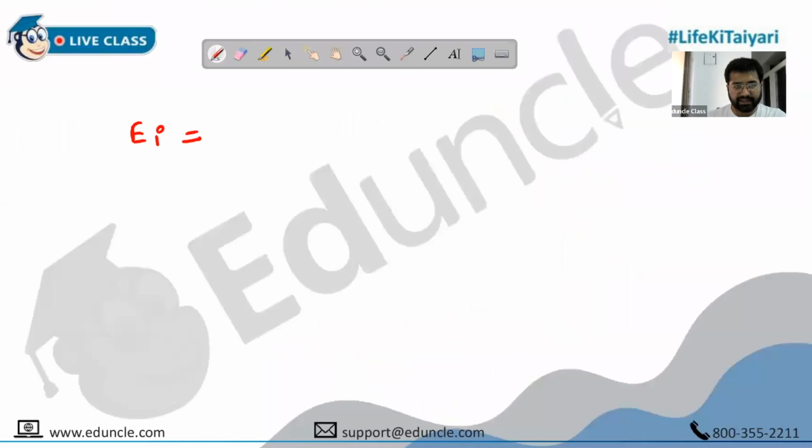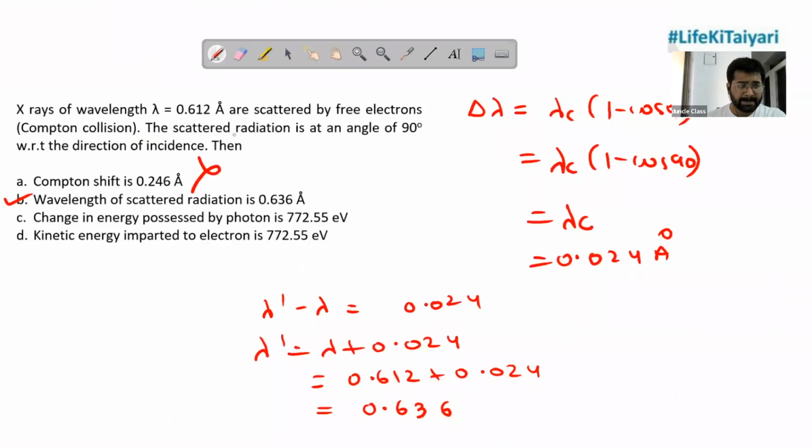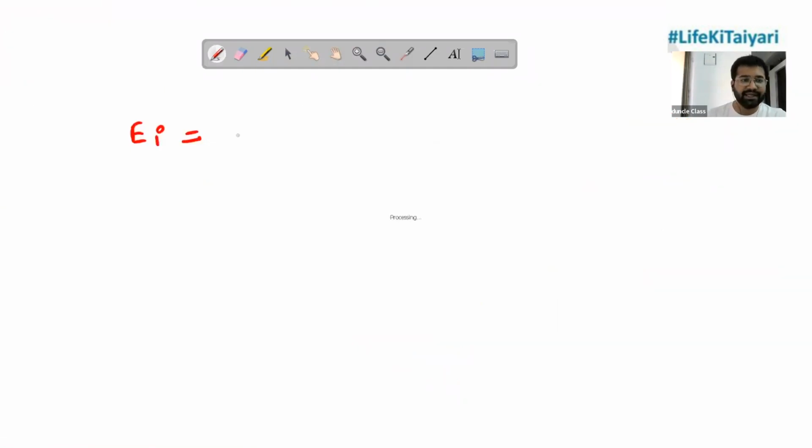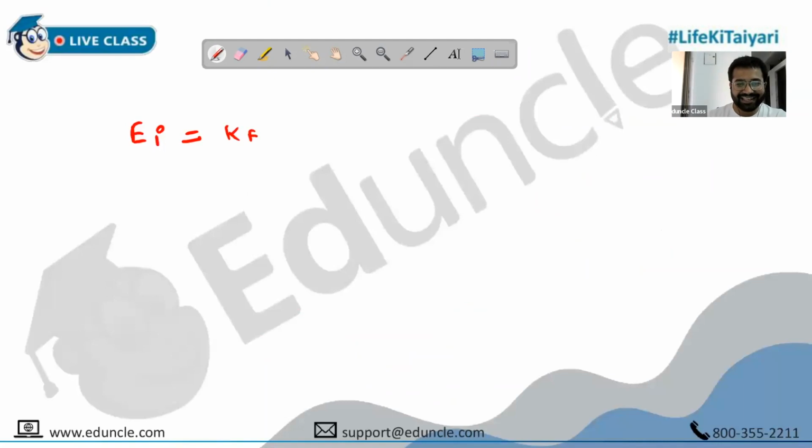Incident energy is which energy? It is the kinetic energy of photon only. Photon does not have any potential energy, does not have any mass, so that's kinetic energy of photon by default. So that is hc by lambda.